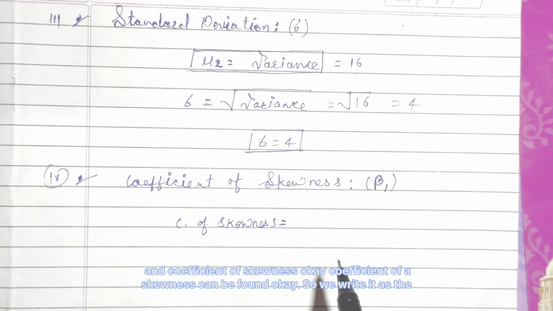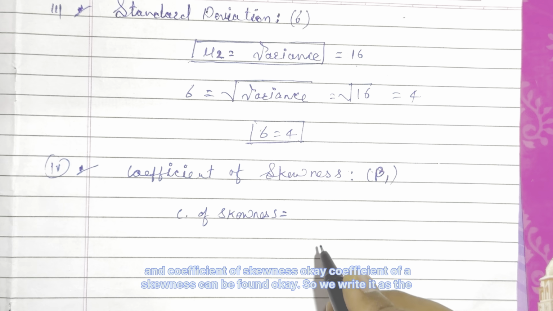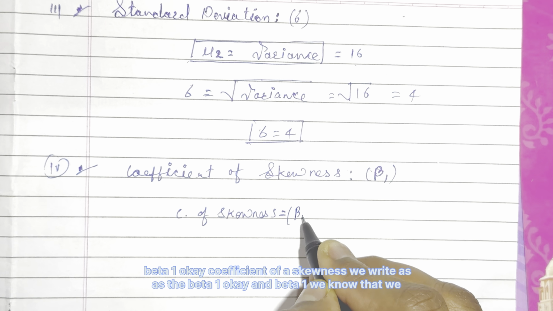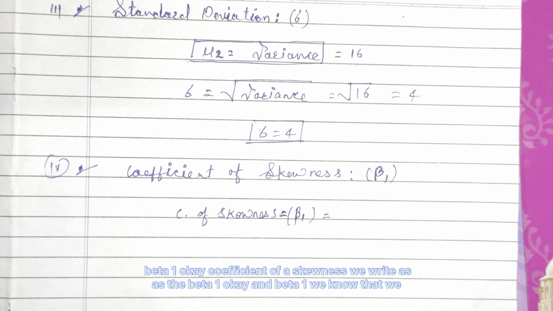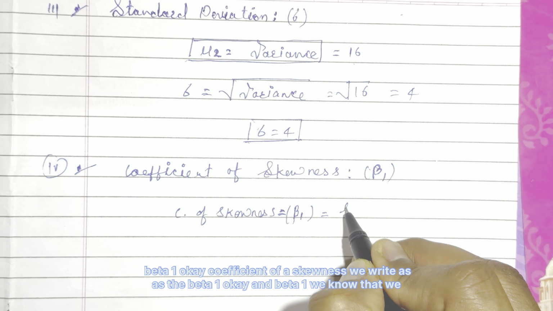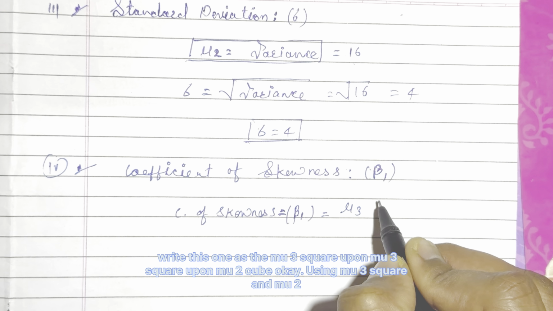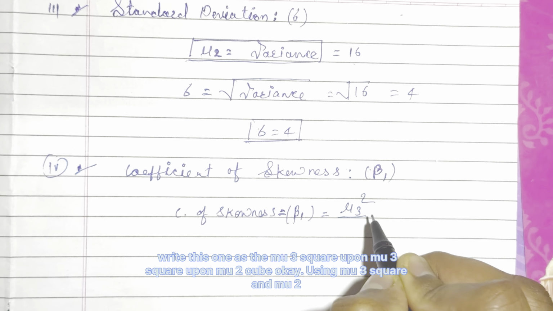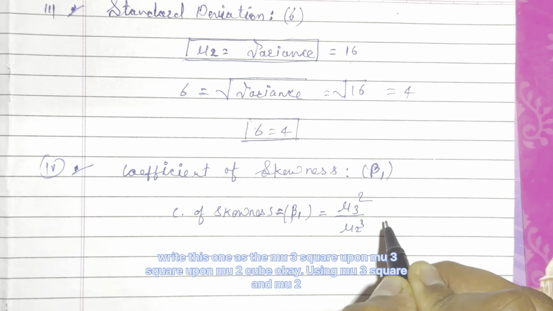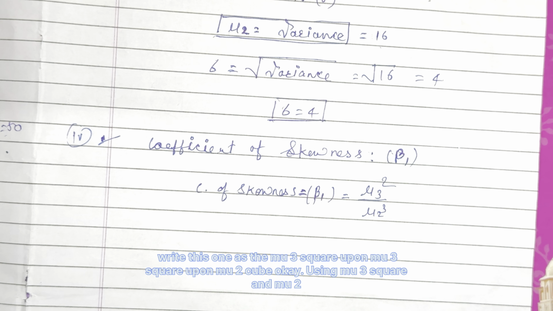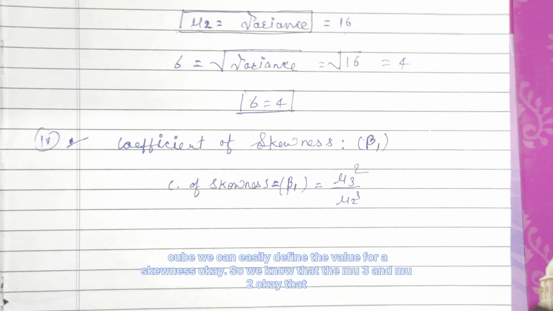We write it as beta 1, and beta 1 we write as mu3 square upon mu2 cube. Using mu3 square and mu2 cube we can easily find the value for the coefficient of skewness.